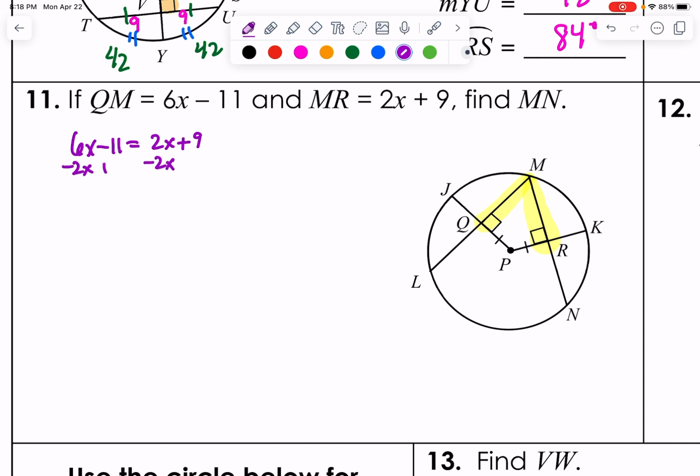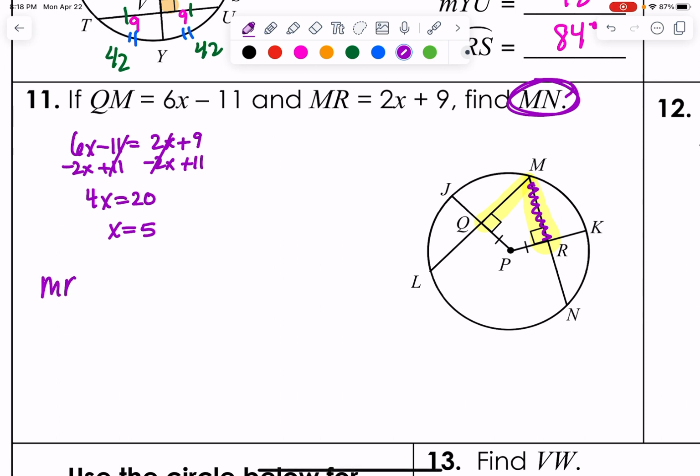Subtract 2x from both sides, add 11 to both sides. 4x equals 20, x is 5. But what I asked you for was MR. So what I want is this piece. MR equals 2x plus 9, 2 times 5 plus 9, which is 19.